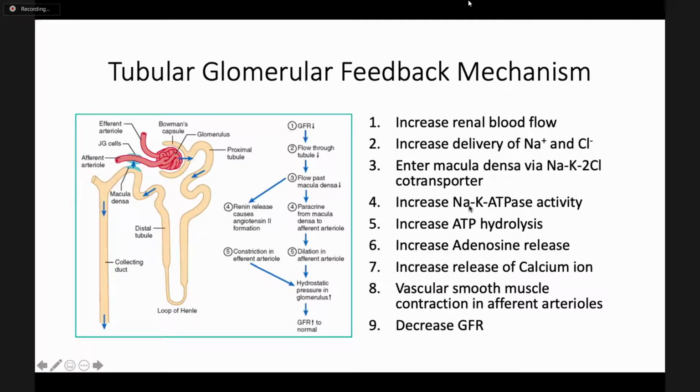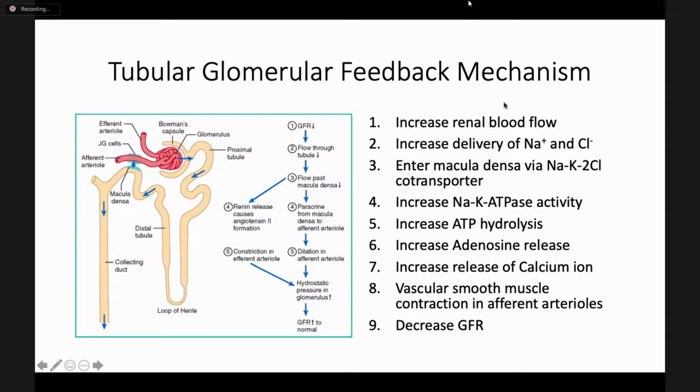So there will be increased sodium-potassium ATPase activity and ATP hydrolysis that increases adenosine release. Therefore, there will be an increase of calcium ions, leading to vascular smooth muscle contraction in the afferent arterioles. Therefore, it will help to decrease GFR.